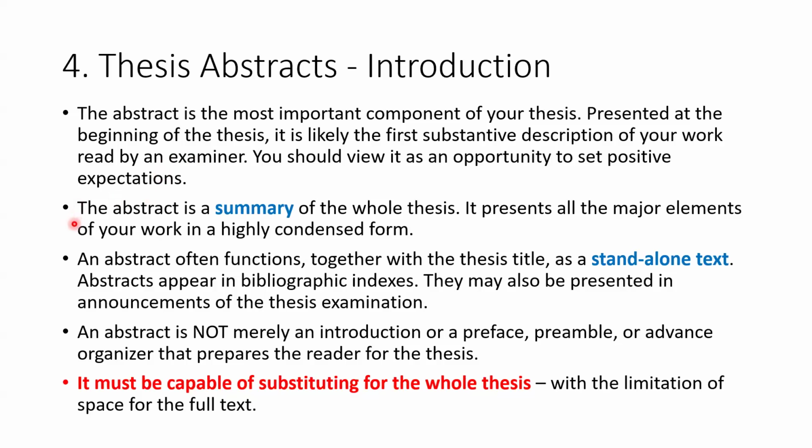So you have to make sure that the abstract is a summary of the entire thesis, not just the introduction and the background. Sometimes you cut and paste certain things, but it is not the case, right? Abstract should present all the major elements of your work, right? But if you have 6 chapters, don't make it equal sections for each chapter, right?